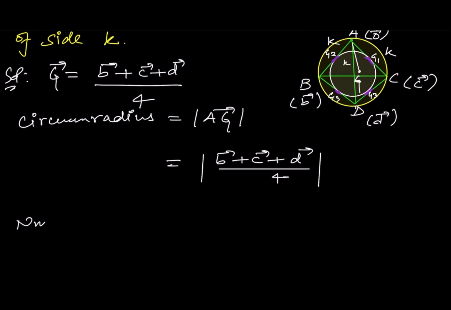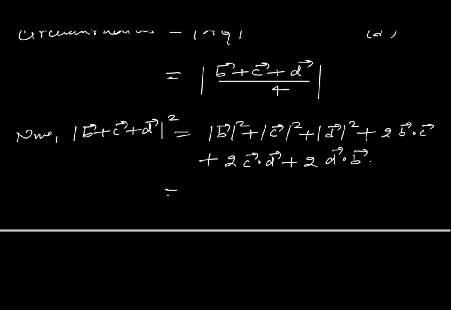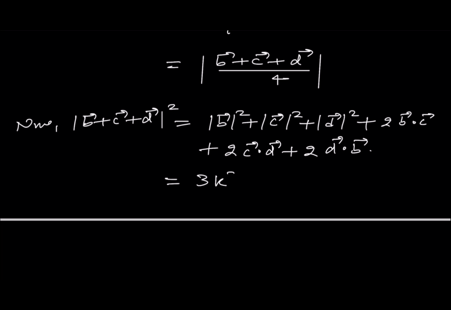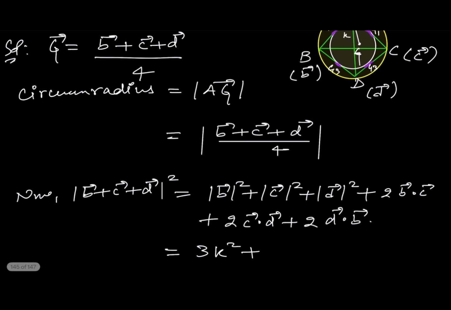Now mod of B vector plus C vector plus D vector whole square is mod of B vector square plus mod of C vector square plus mod of D vector square plus 2 B dot C plus 2 C dot D plus 2 D dot B. Mod of B, mod of C, mod of D is nothing but K. So this will be 3K square plus 2 times B dot C, which is BC cos theta.